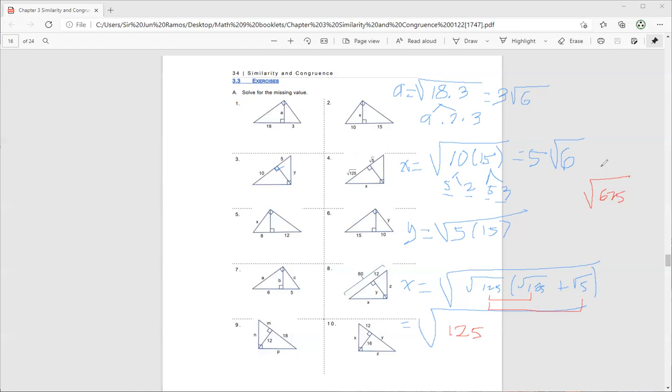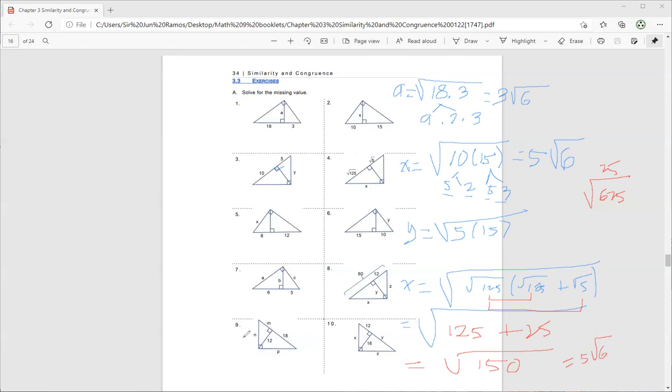But the square root of 625 is 25. So this will now be plus 25. And we get here what? The square root of 150. Okay. The square root of 150 is actually, 10 and 15 is 150. So this should give me also 5 square root of 6.